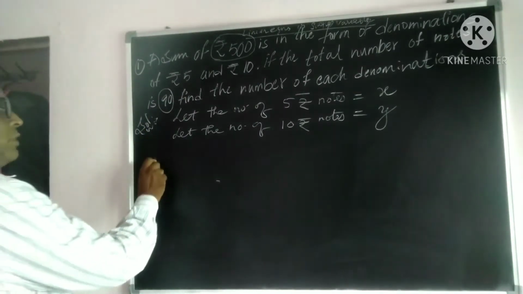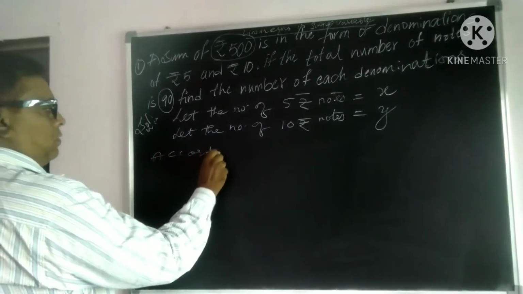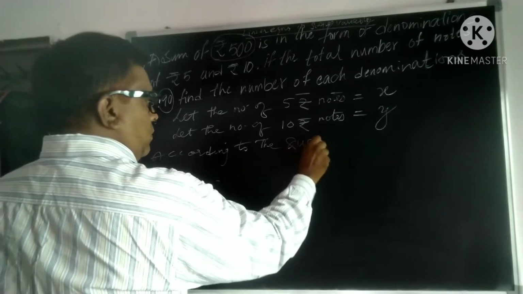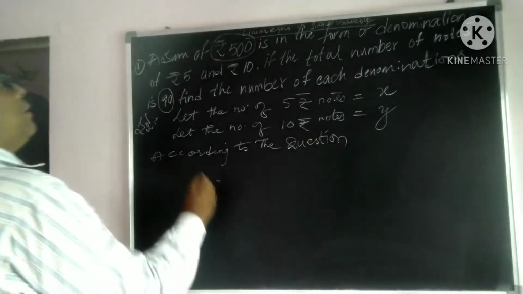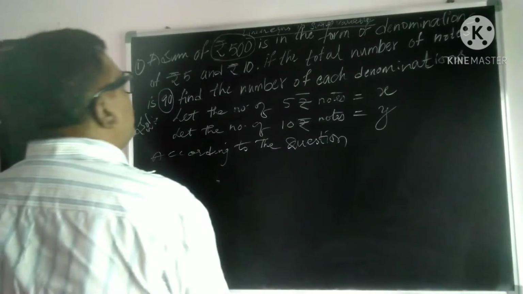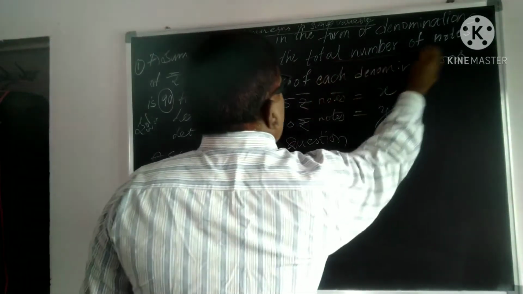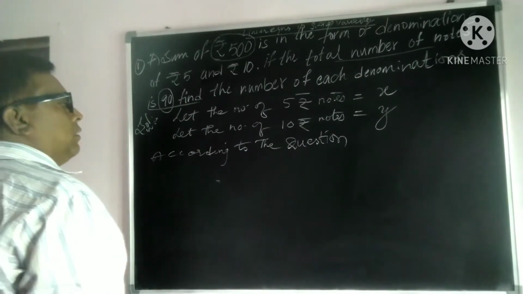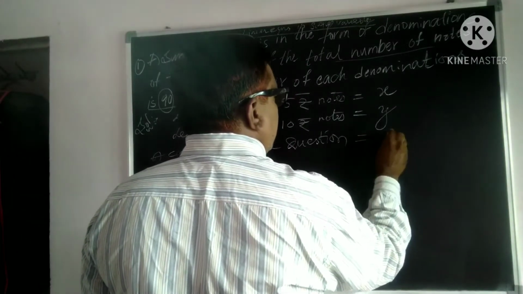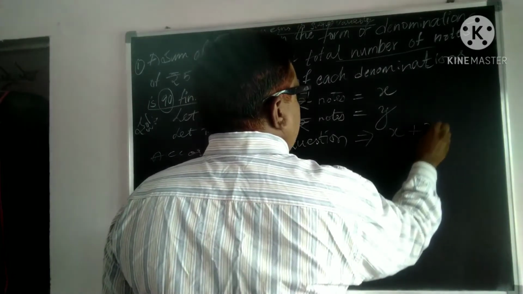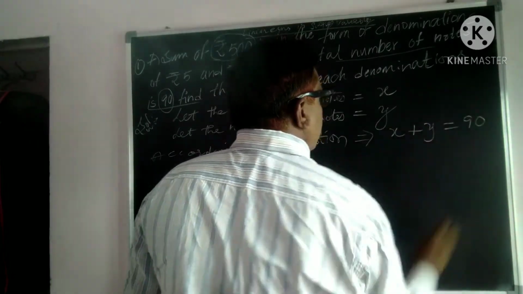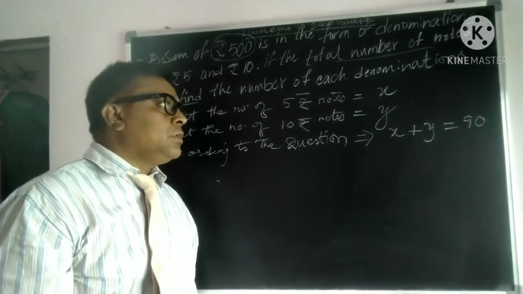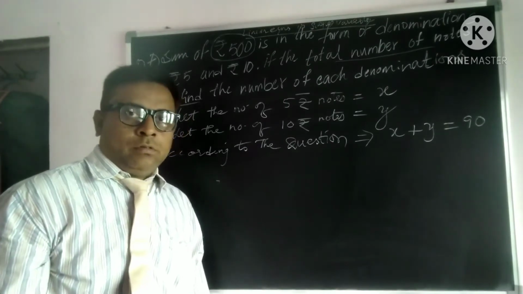Now according to the question, the number of 5 rupees notes and the number of 10 rupees notes is equal to 90. So x plus y is equal to 90.